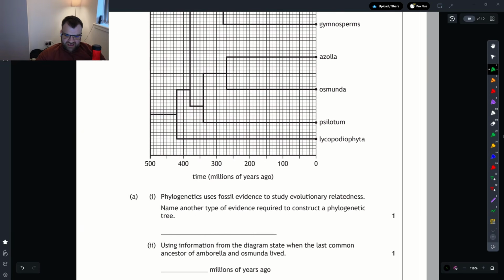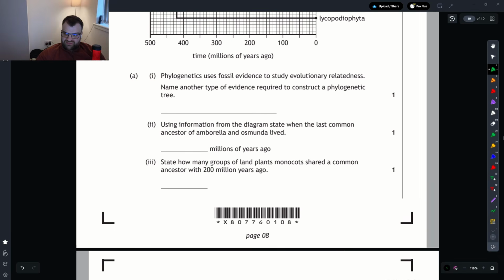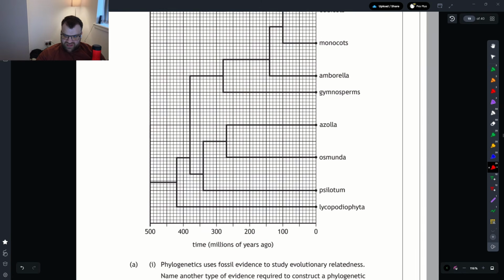In this case, we are looking at the phylogenetics, so we're looking at how closely related different species are. We need fossil records and sequence data to compare. Last common ancestor of Amborella and Osmunda. All I'm going to do here is track them back.